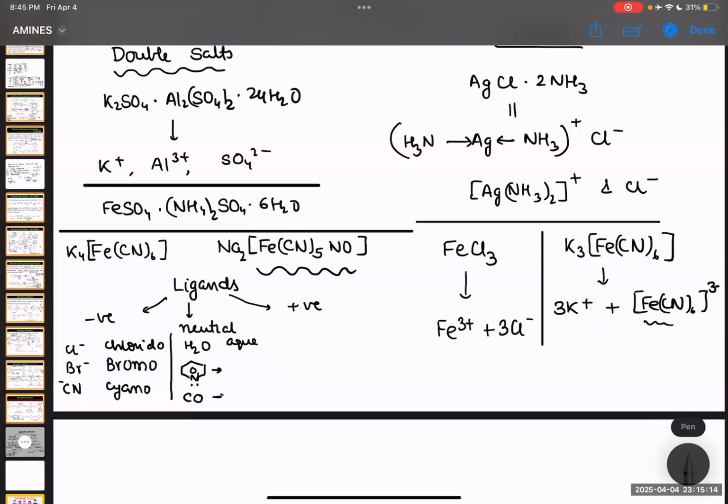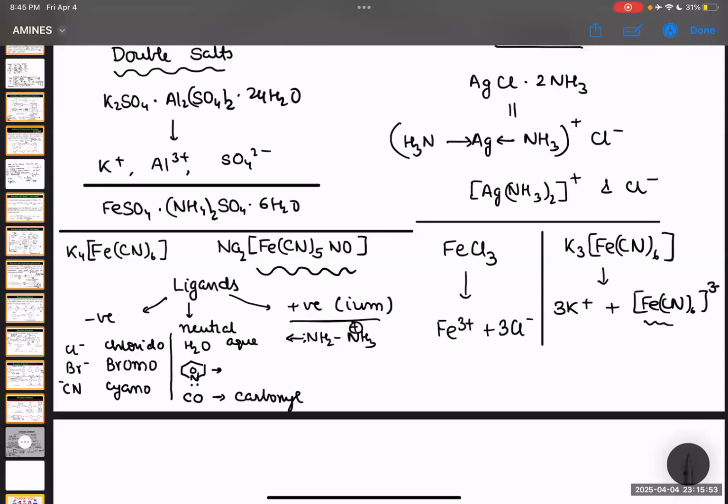NO is nitrosyl. Okay. Positively charged ligands end with the suffix -ium in their names. For example, this is hydrazinium. Okay. So ligands can be classified on the basis of charge.